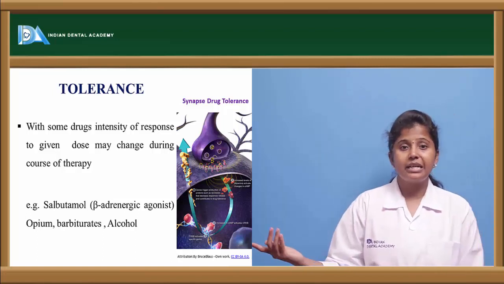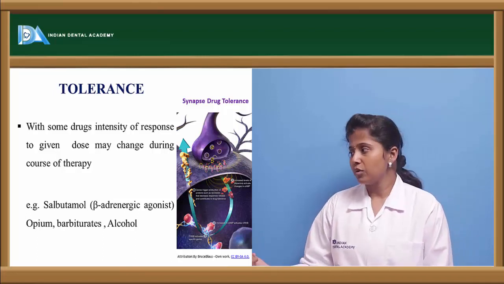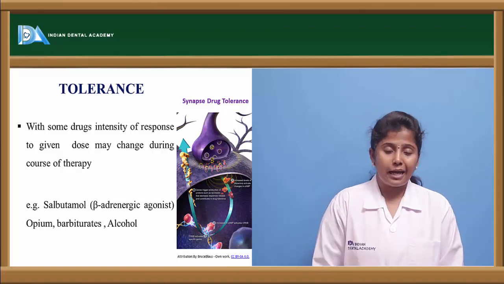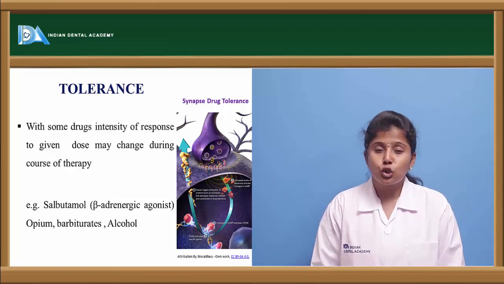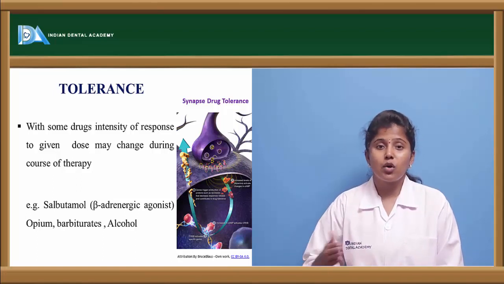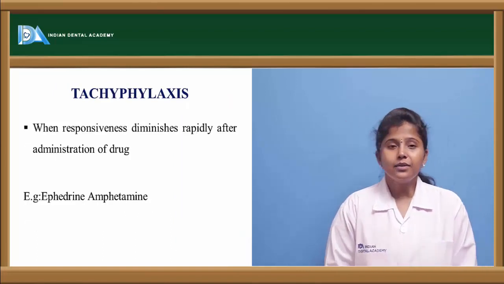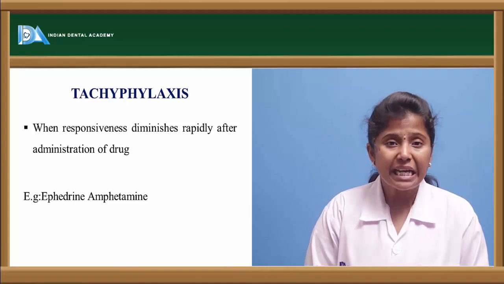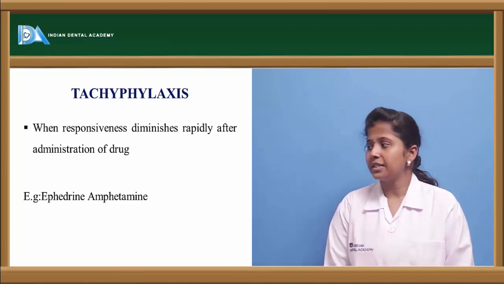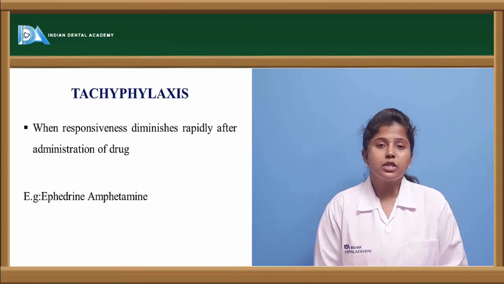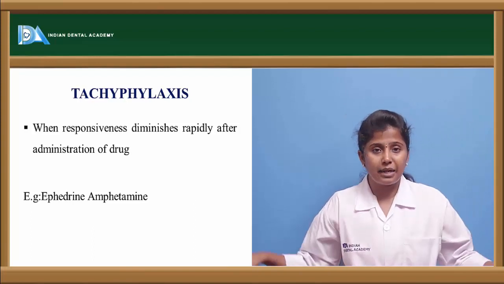For example, drugs like salbutamol, opium, opioid analogs, barbiturates and alcohol all show tolerance in the body. The other one is tachyphylaxis. Tachyphylaxis is when a drug is administered, and the response shown by the drug is completely abolished.